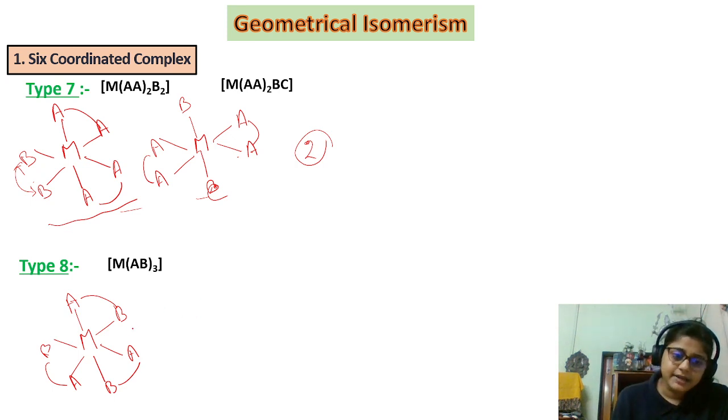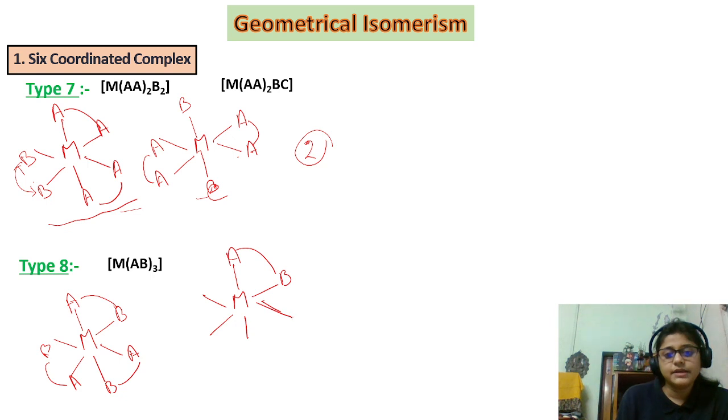Now let's see if there is any possibility. Let's draw AB. Let's say I am changing it with BA, and keeping this as it is. Is it different?